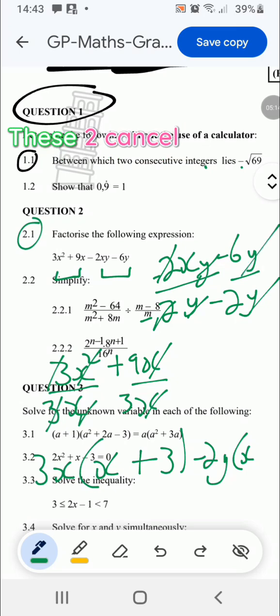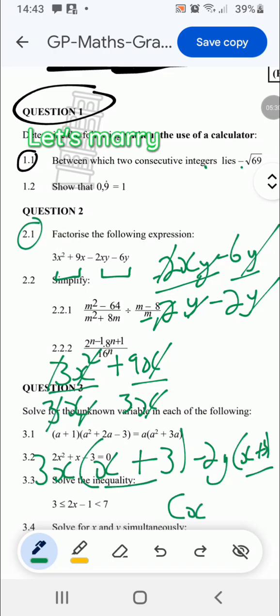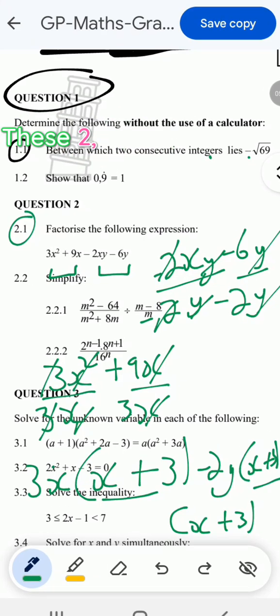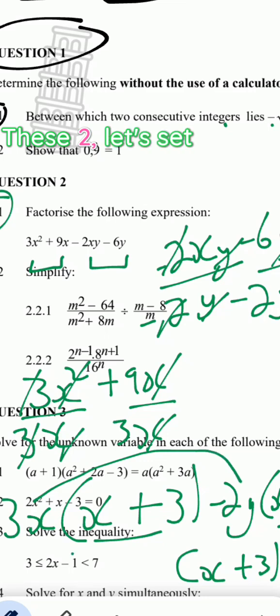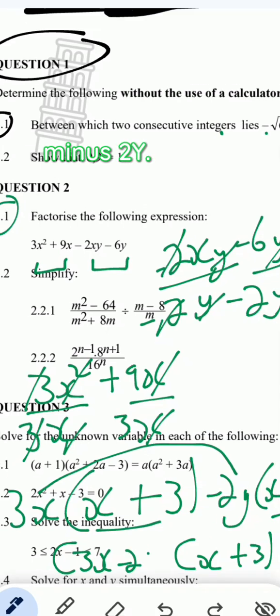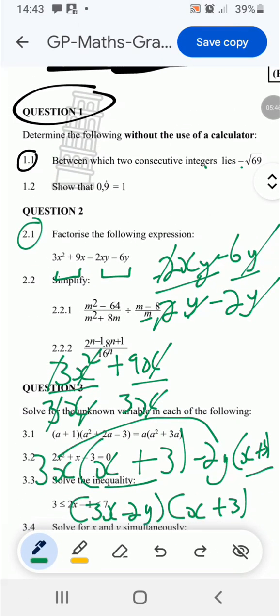Minus 6 divided by minus 2 is a positive 3. Now you'll notice that we have x plus 3 and x plus 3. Let's marry them off. Let's find them a room and they become 1. These two, let's set a blind date and find them a room. 3x minus 2y. That's our answer.